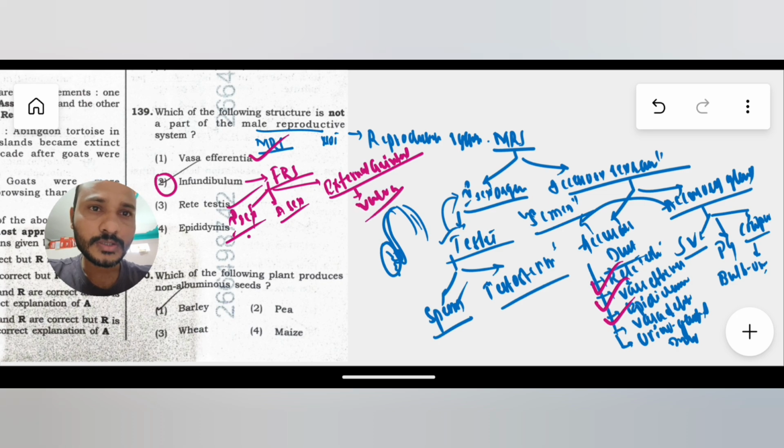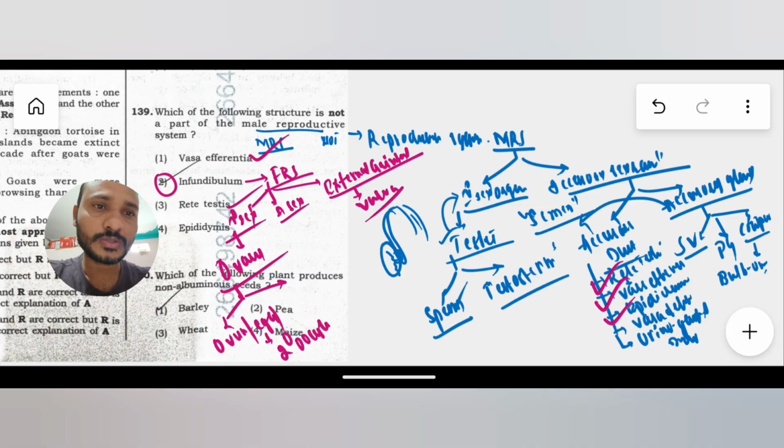The primary sex organ in the female reproductive system is very important: one pair of ovary. The ovary becomes the primary sex organ because it plays an important role in production of ovum or eggs, which is released from the ovary in the form of secondary oocyte. We can use any term, ovum or egg or secondary oocyte.